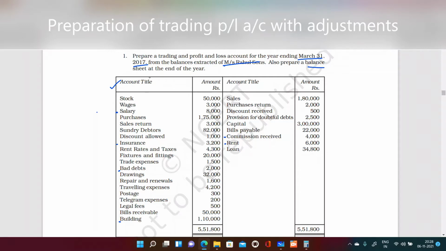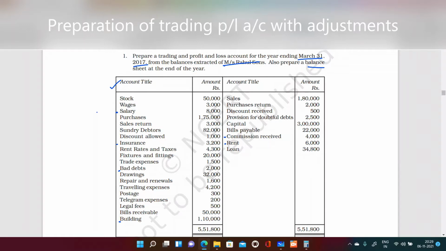So one by one we will go through the expenses and incomes which are given on your debit and credit sides. Stock is there, wages, salary, purchases, sales returns, sundry debtors, discount allowed, insurance, rent rates and taxes, then fixtures and fittings, trade expenses, bad debts, drawings, repairs and renewals, traveling expenses, postage, telegram expenses, legal expenses, bills receivable, building.